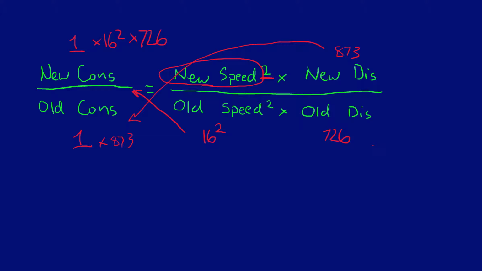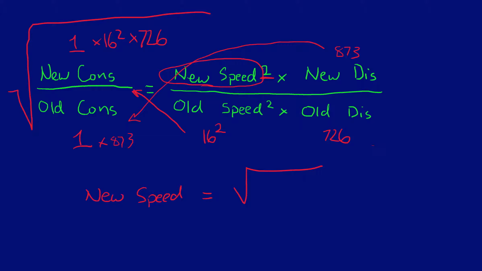Then in order to get rid of that square, we're going to take the square root of this whole thing. That gives us new speed is equal to the square root of 1 times 16 to the power of 2 times 726, divided by 1 times 873.